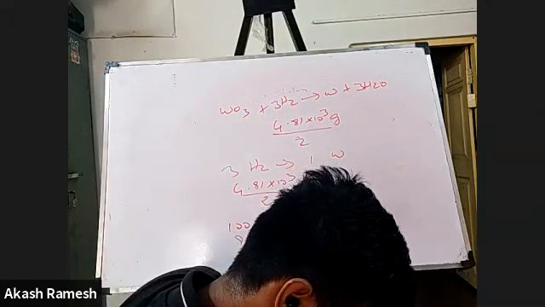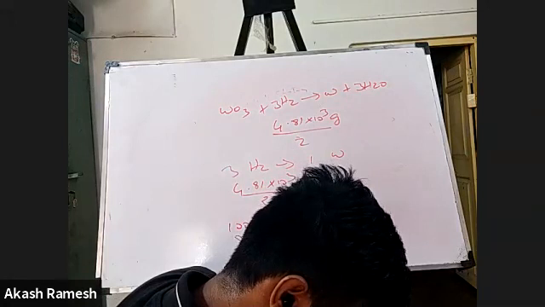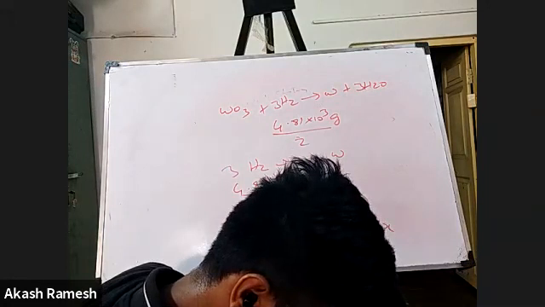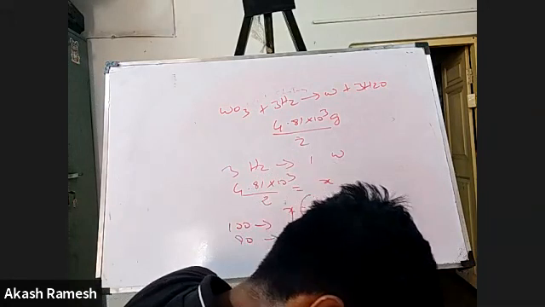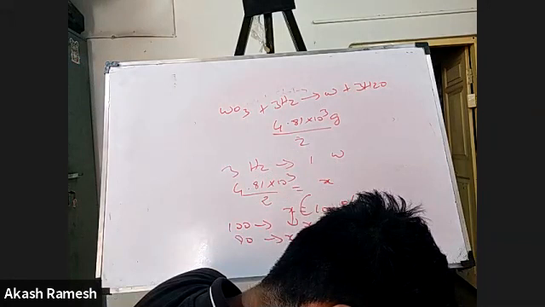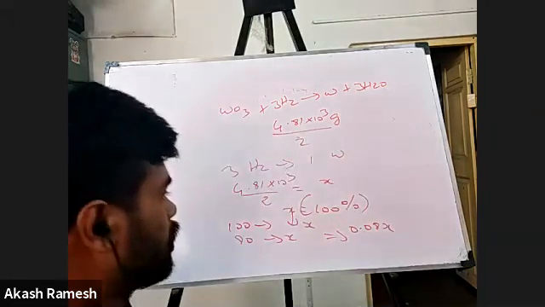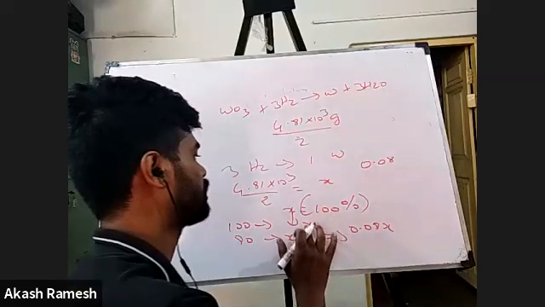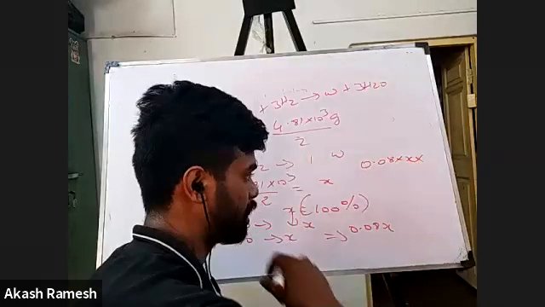So 0.8 into X. So if you do the calc, now what I have to find is the mass of this. So 0.8X, where X is the number of moles for 100%, into the molecular mass of tungsten.